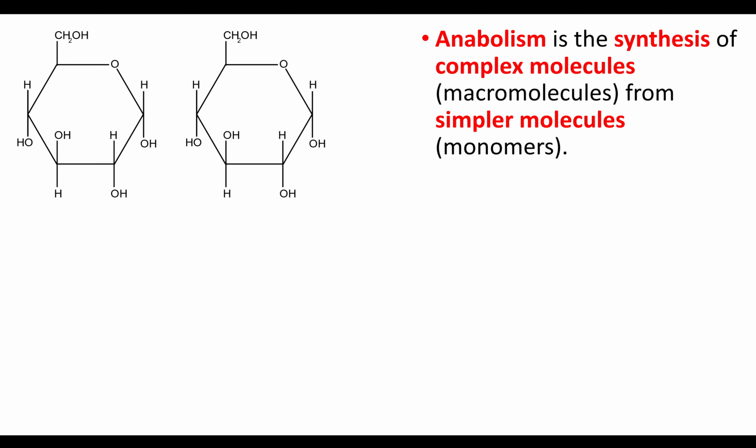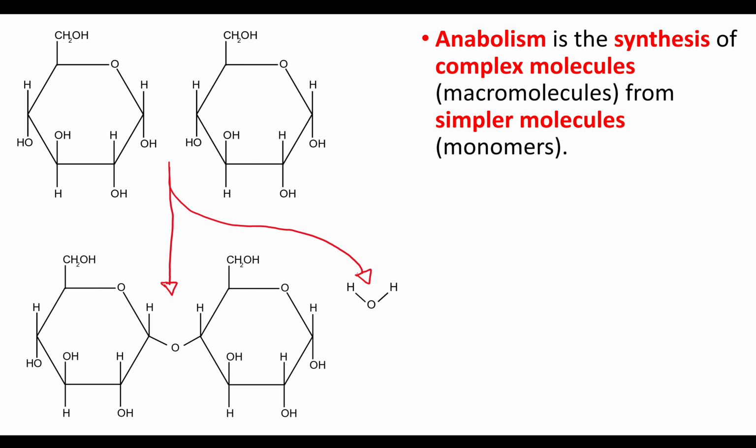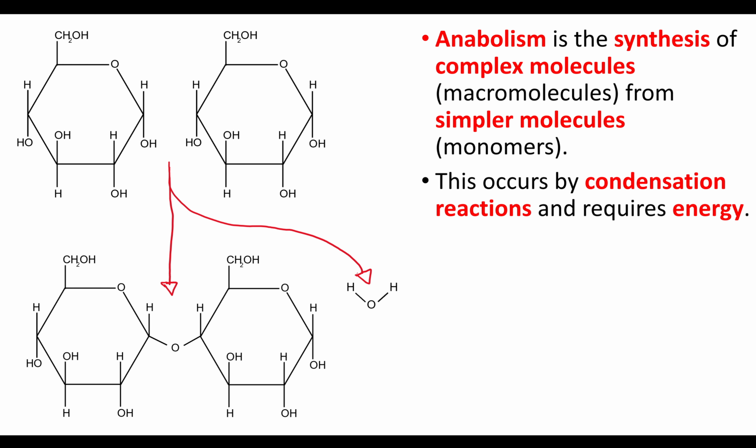Now, to do that, what we're going to do is a process called anabolism. So we are going to bring them together, and what we're going to do is we're going to use the first and the fourth carbon hydroxyl group, and we're going to remove water.